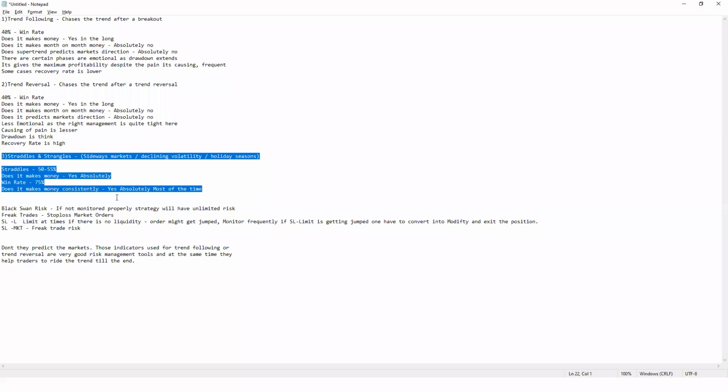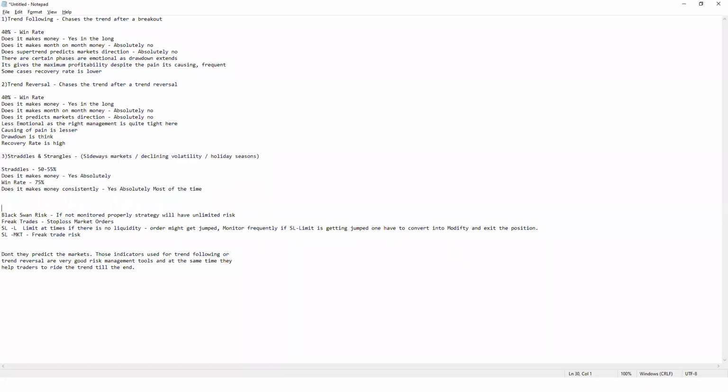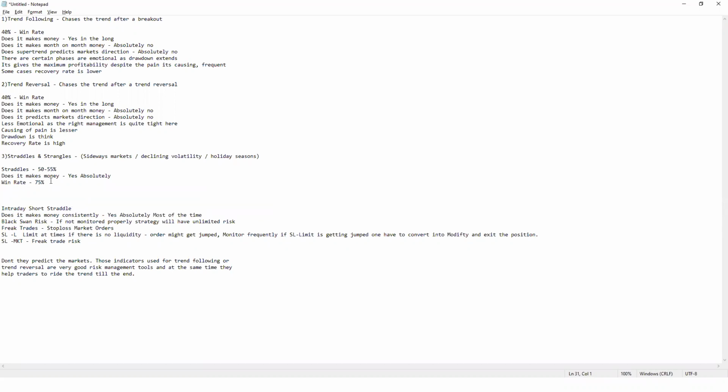What is important here is intraday straddles, the intraday short straddle. Does it make consistent returns? Yes, absolutely.